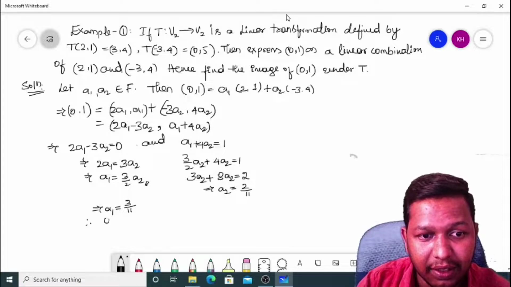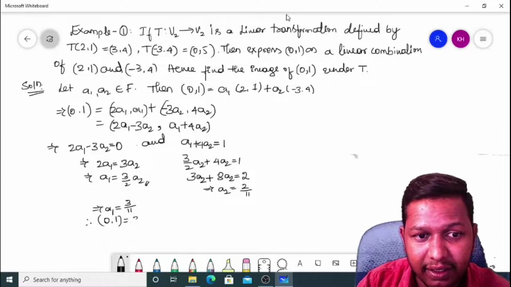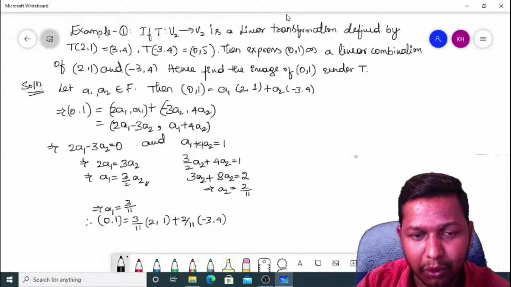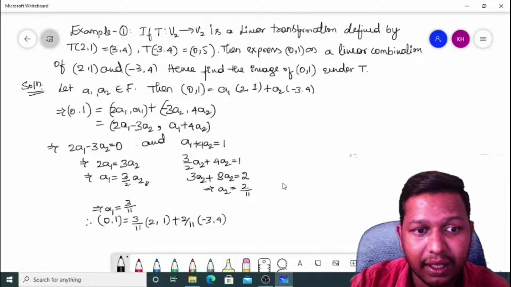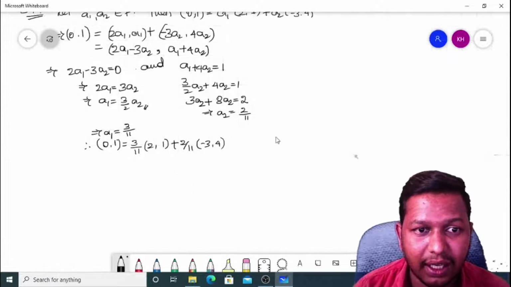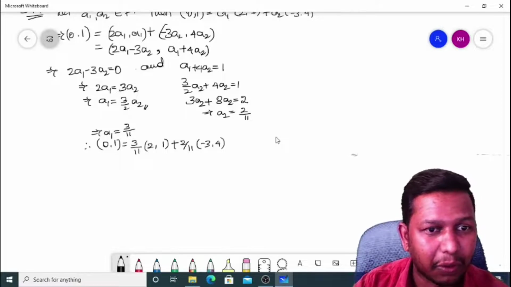Therefore (0, 1) is expressed as 3/11 into (2, 1) plus 2/11 into (-3, 4). So this is the linear combination of (0, 1) in terms of (2, 1) and (-3, 4).